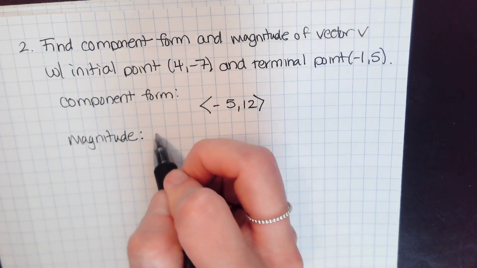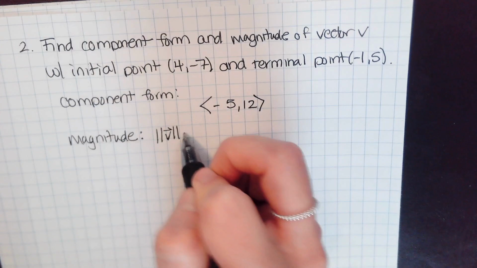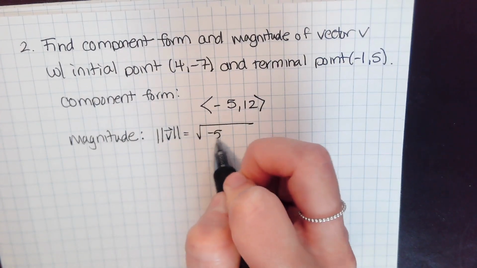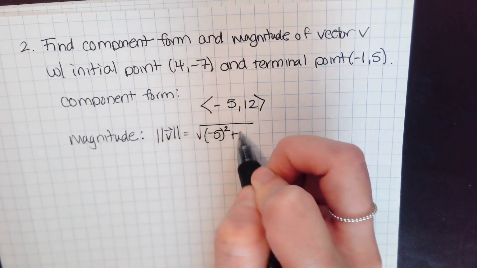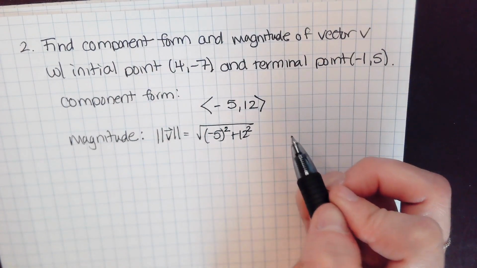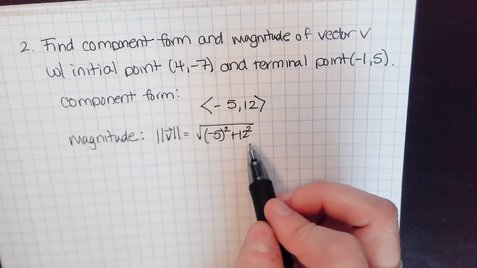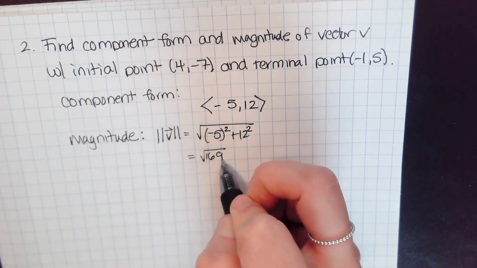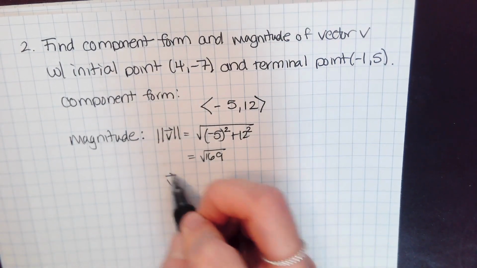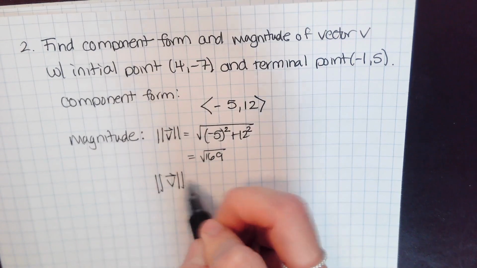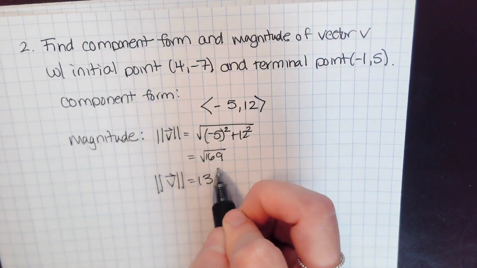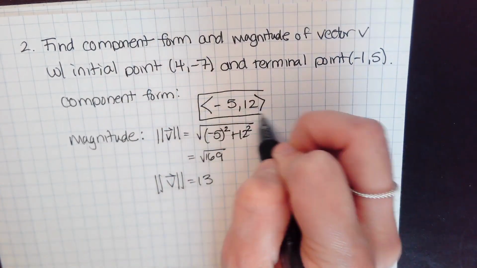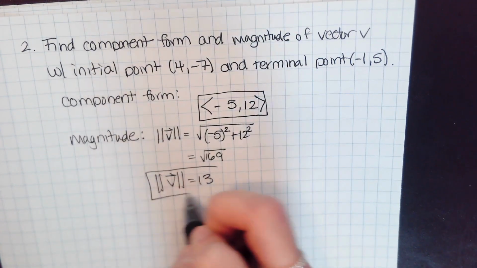When you write that, make sure you put the -5 in parentheses squared, plus 12 squared. Again, show all your work. So 25 plus 144 gives you the square root of 169, which is 13 again. So that is your component form, and this is your magnitude.